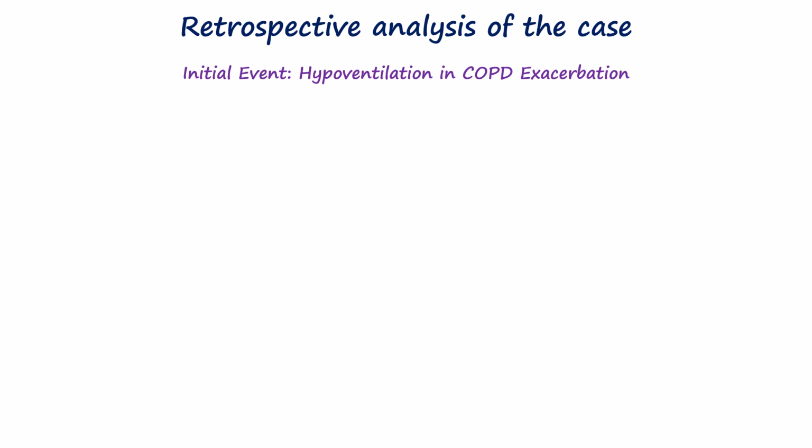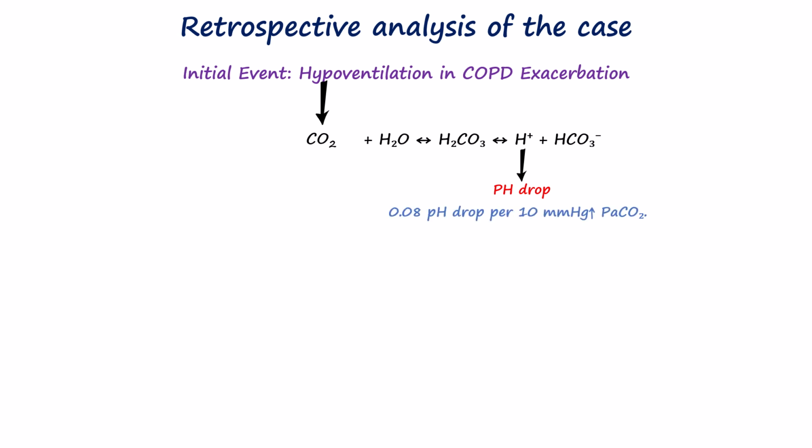As a result of this reduced ventilation, PCO2 rises rapidly, allowing CO2 to diffuse into the cell where it reacts with water through the following chemical reaction. This reaction leads to the accumulation of hydrogen ions, causing pH to drop sharply. Specifically, for every 10 mmHg increase in PaCO2, the pH decreases by approximately 0.08, creating respiratory acidosis.